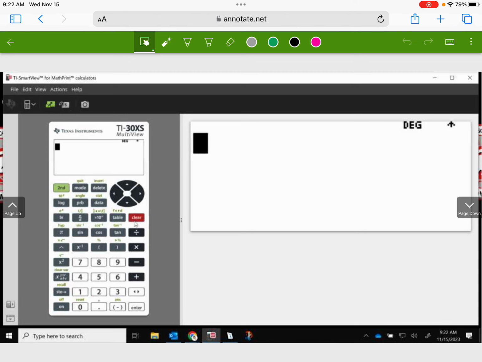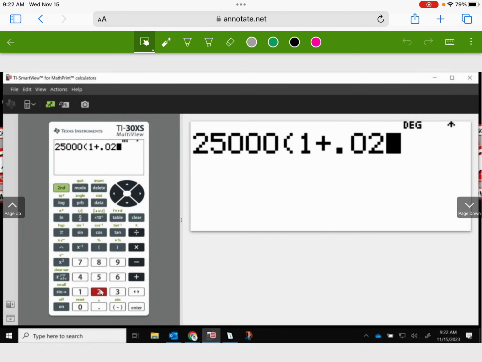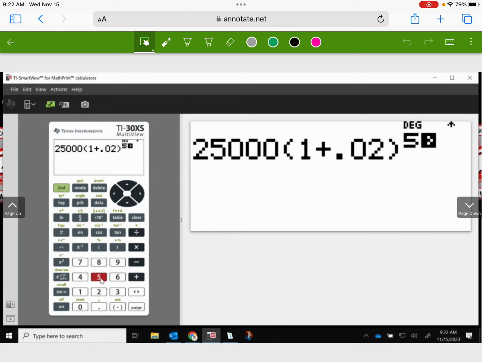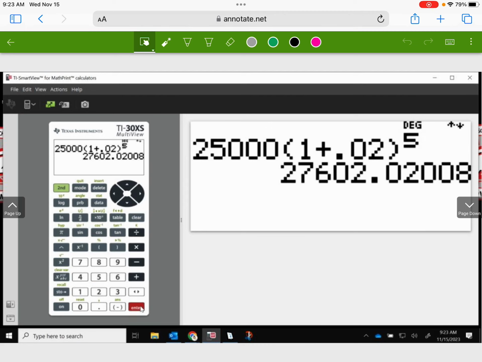We have 25,000 times 1 plus 0.02, or you can simplify it and add it yourself. As long as you put it in parentheses, it doesn't really matter. Raise it to the exponent of 5. Otherwise, we'd have to manually multiply together 1.02 times itself 5 times. Gross. To get 27,602.02008. Where should we round here?